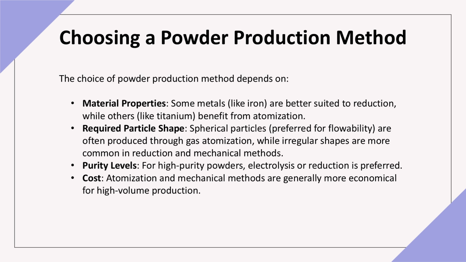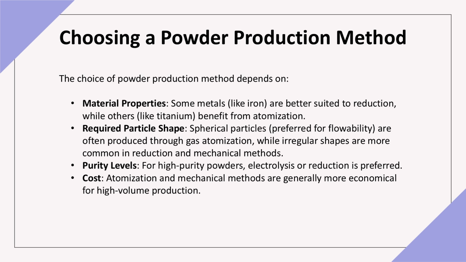Material properties. Some metals, like titanium, benefit from atomization, while others, like iron, suit reduction. Desired particle shape. Spherical particles offer better flow and are usually achieved through gas atomization. Purity requirements. For applications needing high purity, electrolysis or reduction is preferred.